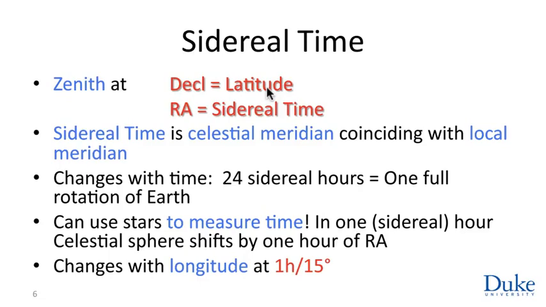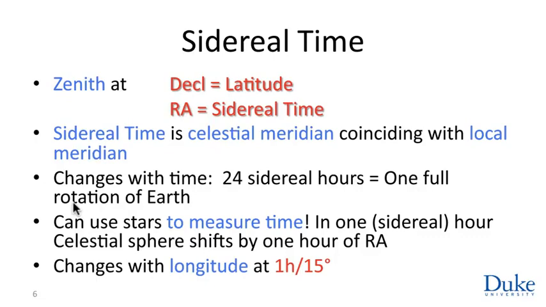Either way, your sidereal time will increase by about an hour each hour, and a complete rotation of the Earth, or equivalently of the celestial sphere, will advance your sidereal time by 24 hours. So sidereal time is the name of the celestial meridian which coincides with the local meridian, the one that includes our zenith. And of course, over 24 sidereal hours, when this right ascension advances by 24 hours, this is one full rotation of the Earth.